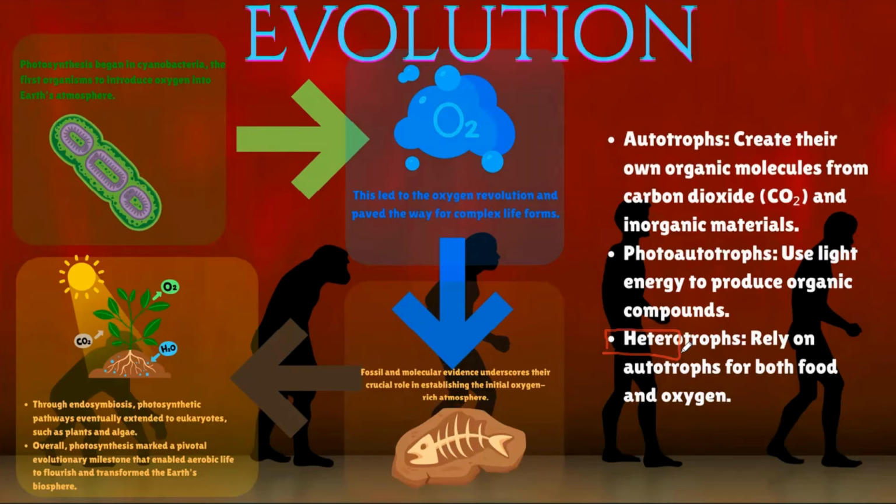Hetero, you could think of like hetero Homo sapiens. So we can think about ourselves in the terms that we rely on autotrophs for both food and our oxygen to sustain. So these are the three main types that exist and have evolved along the process of photosynthesis being used.